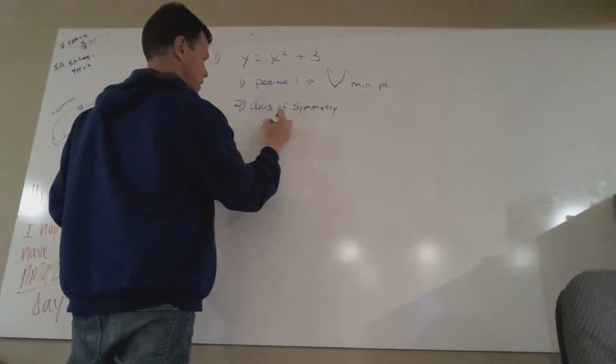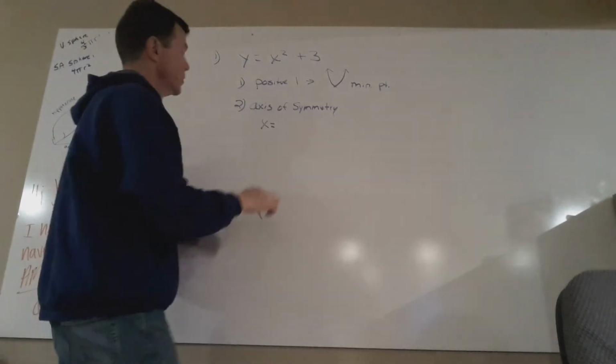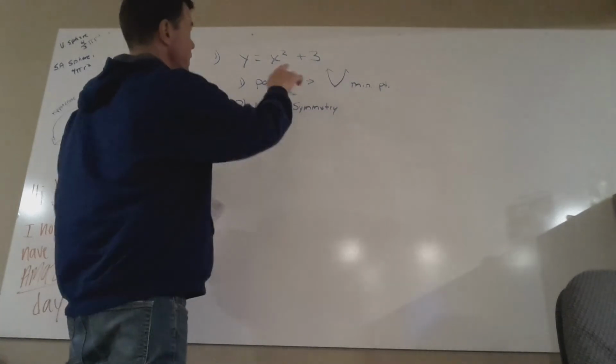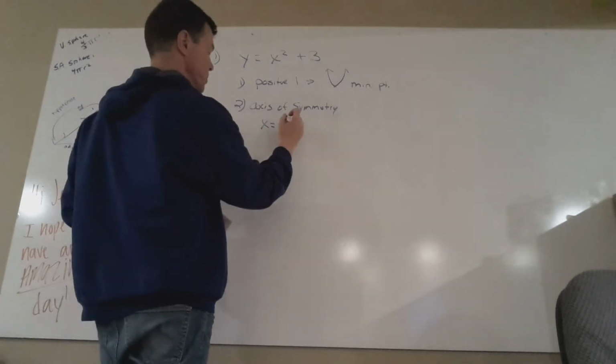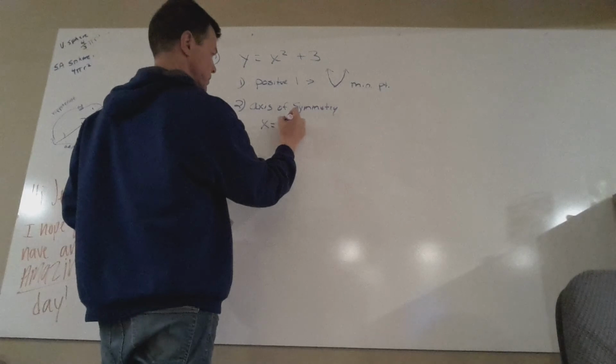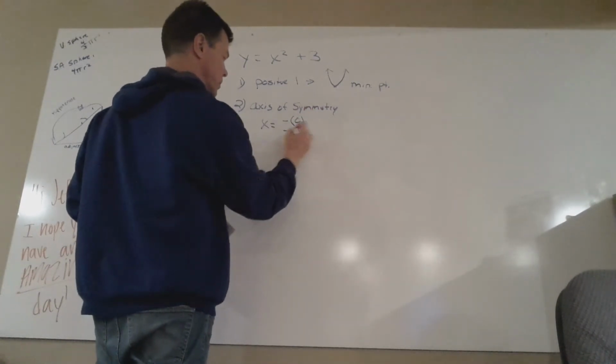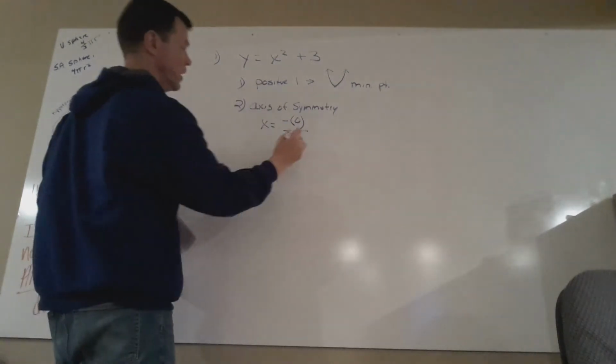And that is x equals, remember, negative b, the b is going to be 0, all over 2 times a, and a is 1.